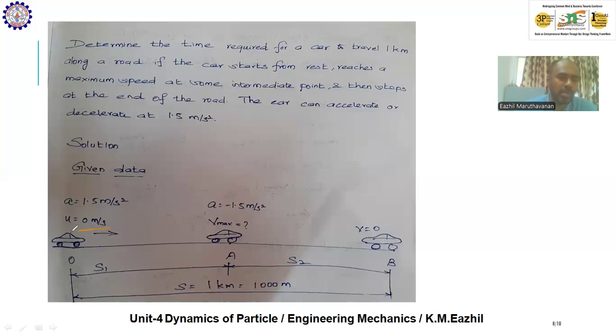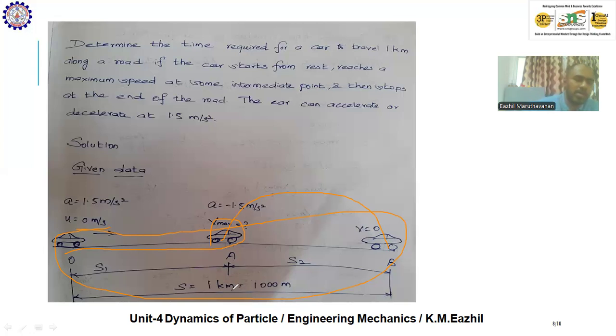This is the diagram that I drew to explain this problem. Let us assume the car travels to reach the maximum speed here. From the maximum speed to the destination where it stops, it is here. Since the car accelerates and decelerates at 1.5 meter per second square, the distance traveled by the car will be equal on both sides.